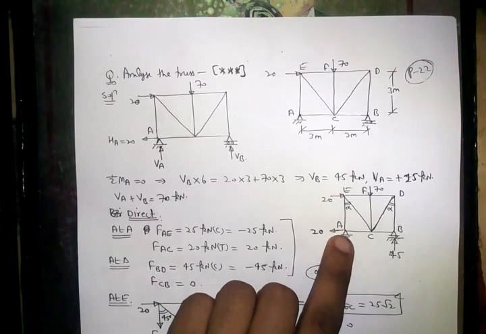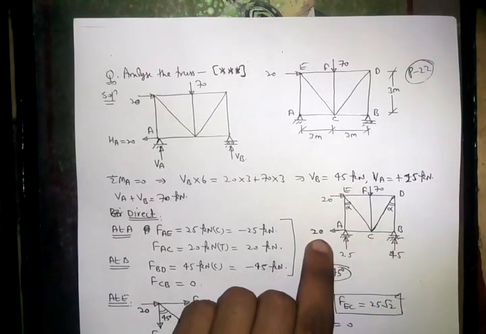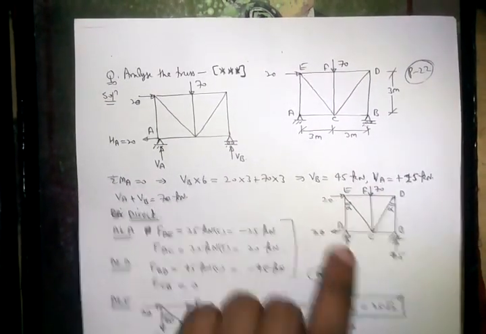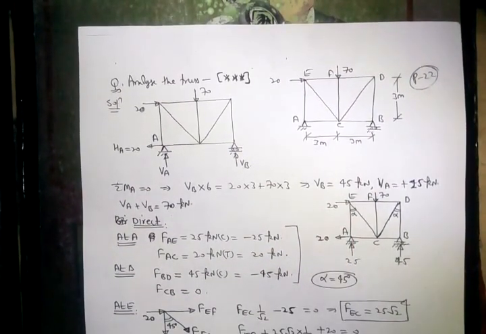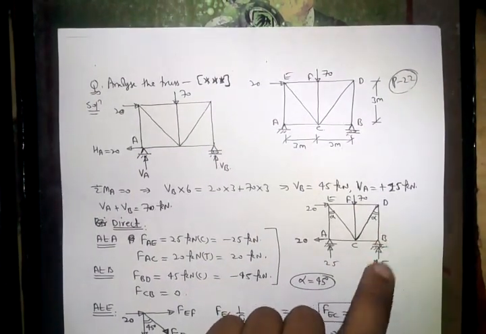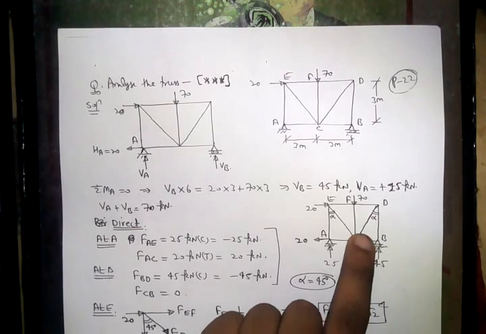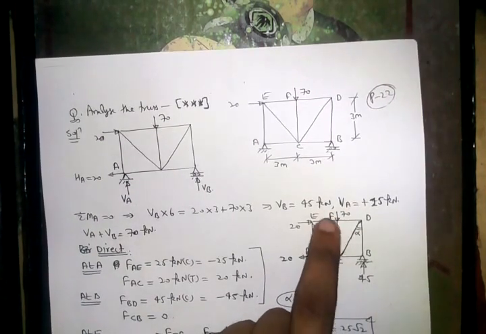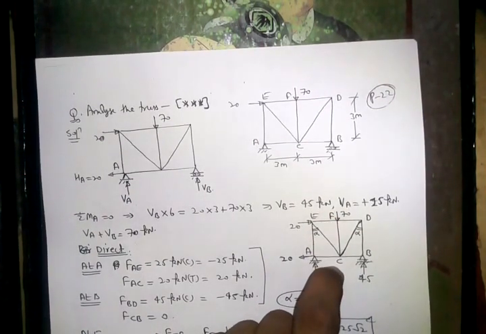So at joint A, force in AC will be 20 tensile, plus 20, and force in AE will be 25 compressive, means minus 25, right? Similarly at joint B, FBD equal to minus 45 means 45 compressive, and this will be 0. And also here at joint F, force in FC will be 70 compressive means minus 70, right? Okay.